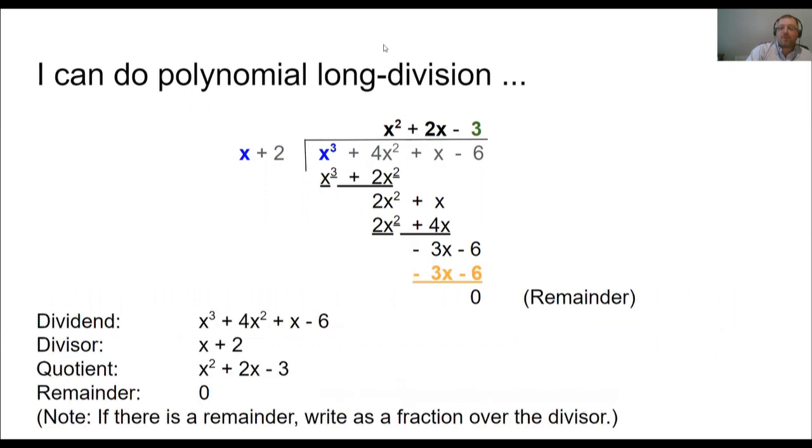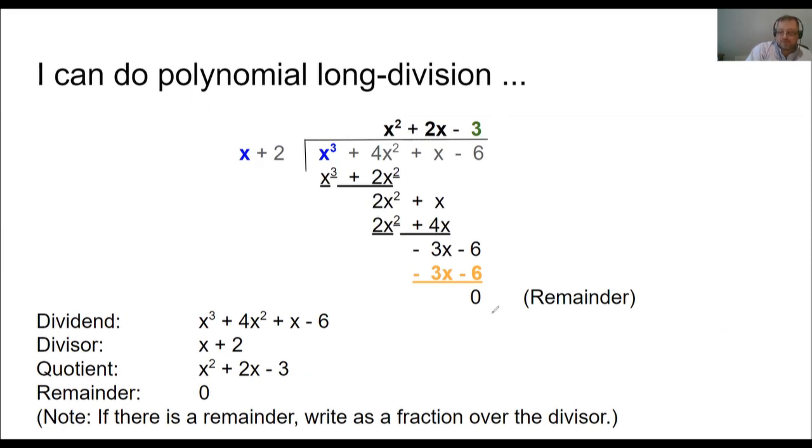Okay. And I get a 0 remainder. So my dividend is the number under this division sign here, my divisor is the number right here, the quotient is right here, and the remainder happens to be 0. Let's say you happen to get a remainder of 5.